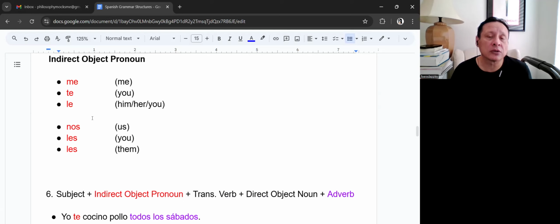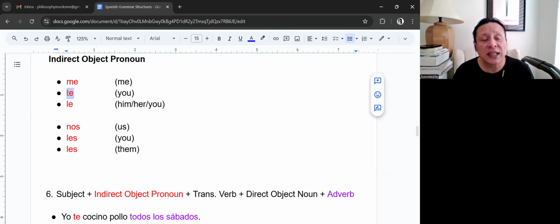Indirect object pronouns, right? In English, like we said, it's always the same thing for the direct object, indirect object, other object of a preposition. But these are different. Now look, again, corresponding to me in English is, again, me. So the direct object pronoun is me, and the indirect object pronoun is me. The direct object pronoun is te, and the indirect object pronoun is also te.